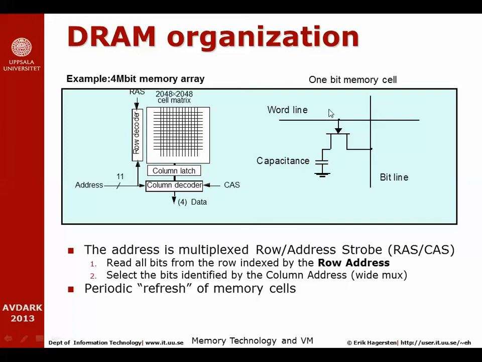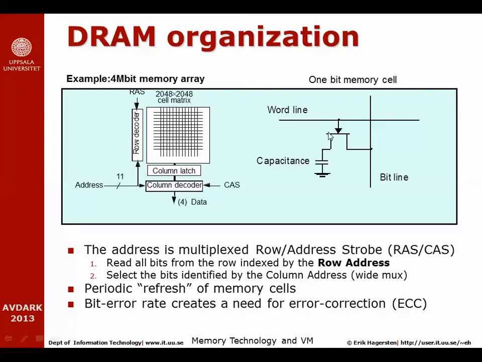So you read out whether it was a 1 or 0 stored here, and then you store back the same value, but with a higher charge, which reminds the DRAM about what data you have stored in it. And this has to be done periodically.